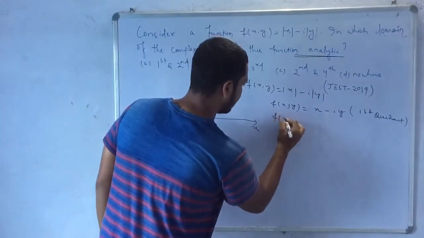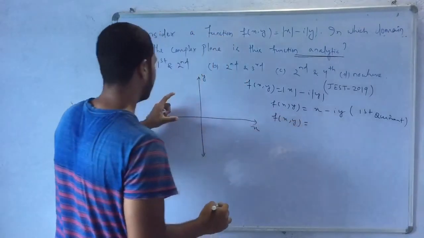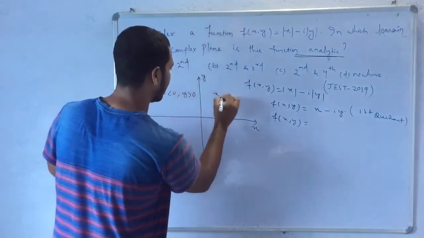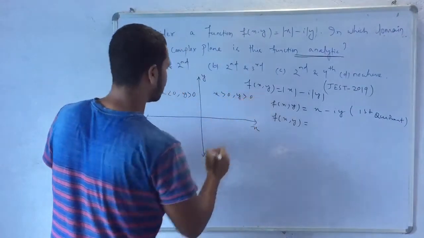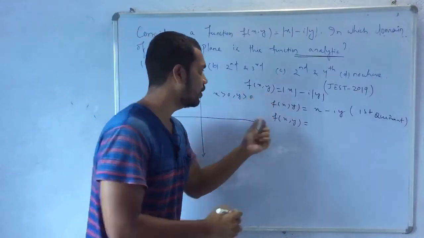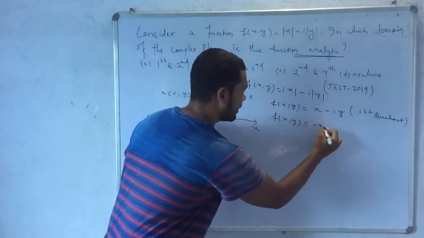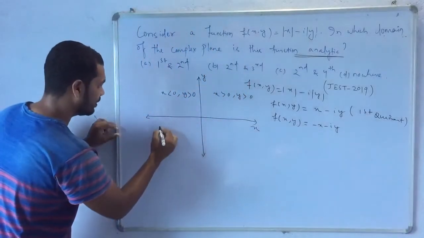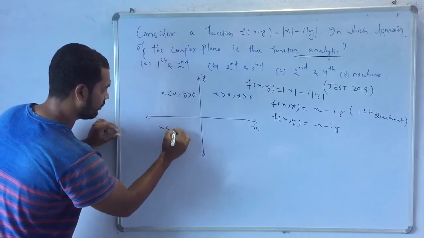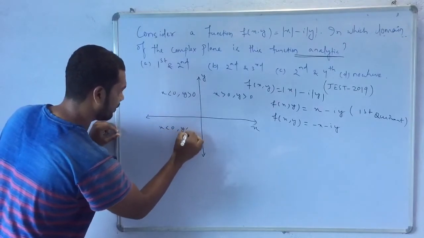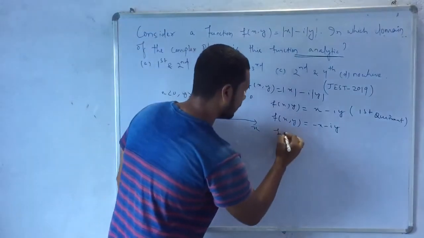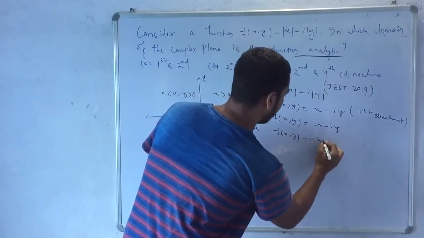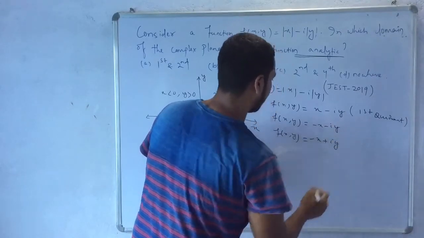In the second quadrant, similarly, x is negative and y is positive. So in the second quadrant the function will be minus x minus iy. In the third quadrant, both the values of x and y are negative, so the function will be f(x,y) equal to minus x plus iy.